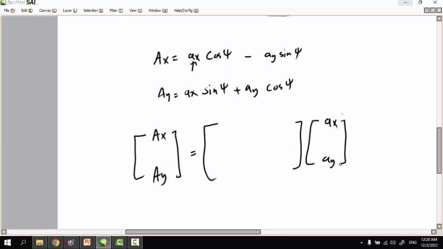So ax and ay, this vector, is the acceleration in the body axis, and this one is the acceleration in the inertial axis.